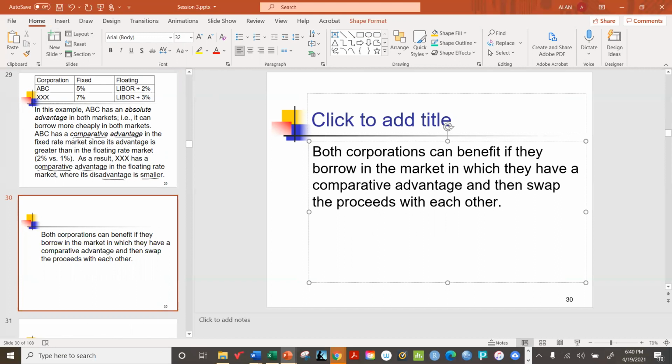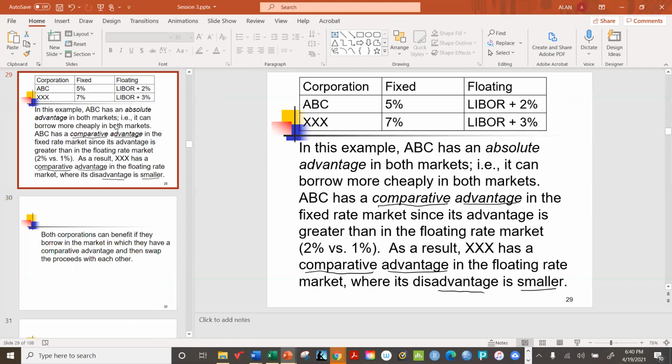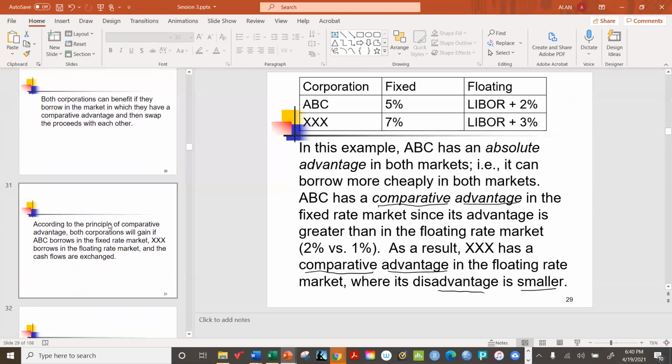We're going to see how that works in a second. In other words, according to this principle of comparative advantage, ABC should borrow in the fixed rate market and XXX should borrow in the floating rate market, and then they can trade the loans with each other so that ABC now pays LIBOR plus 3 in exchange for 5, and the opposite happens with XXX. You'll see what I mean in a second.